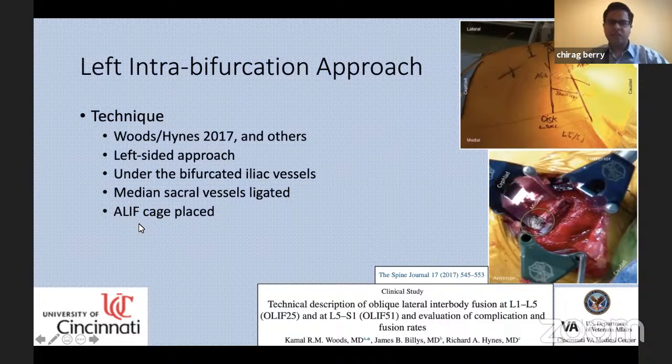An ALIF cage is different from a lateral cage in that it will have a smaller medial lateral width, but a deeper anteroposterior dimension. Unlike a lateral cage, where you're placing it through the lateral annulus going into the other side, that will be much wider in the medial lateral direction, but doesn't have to be that deep in the anteroposterior direction.